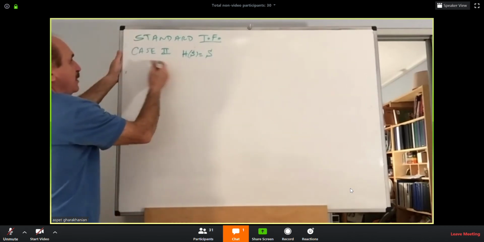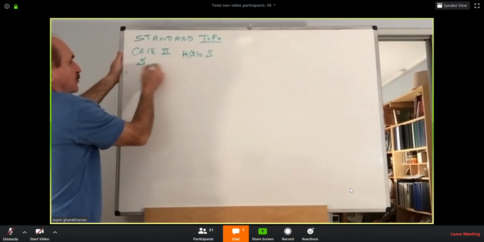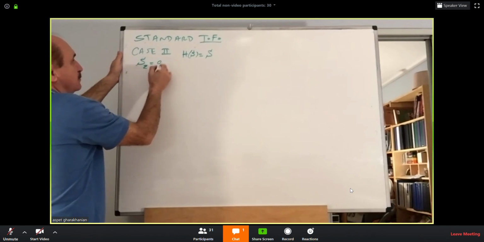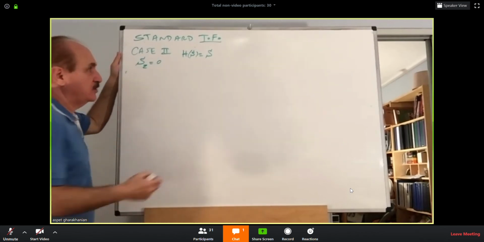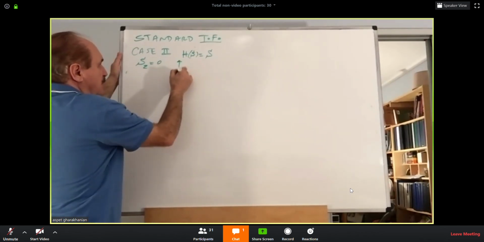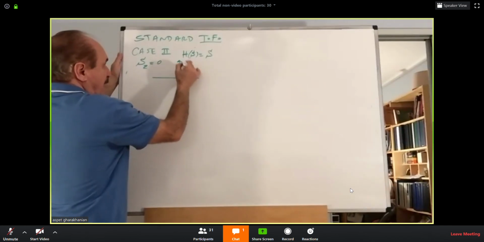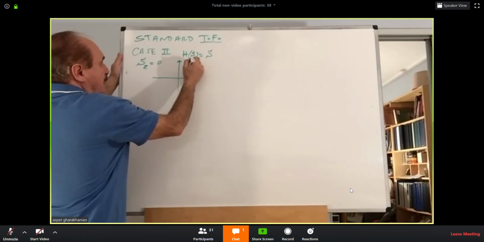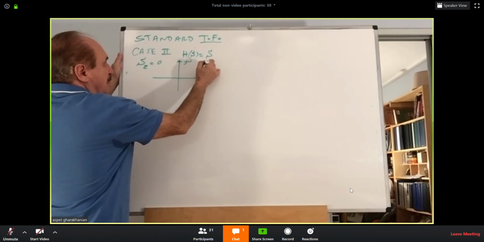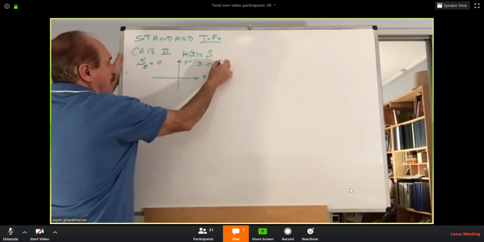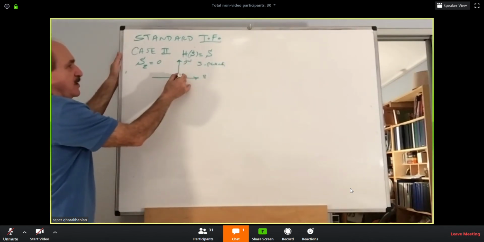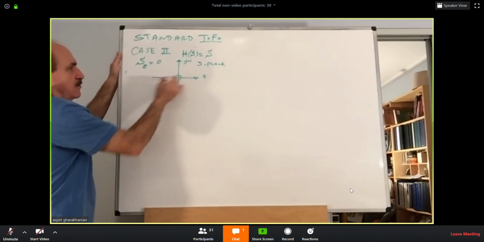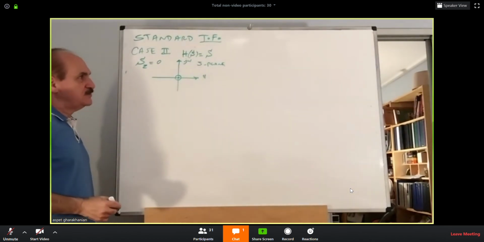That means your transfer function has a zero in the origin. If you look at the S plane, j omega and sigma, the location of that zero will be right here, in the origin.